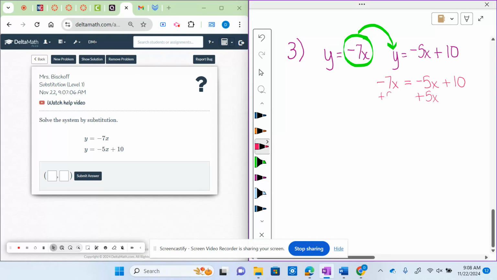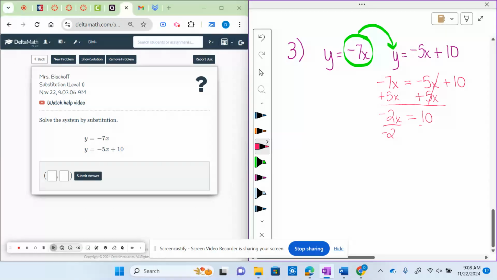You guys are doing so awesome with this. So negative 7 and a positive 5 give me a negative 2x equals 10. Okay. Ken, if I want to get x all by itself, what am I going to do? Avery.